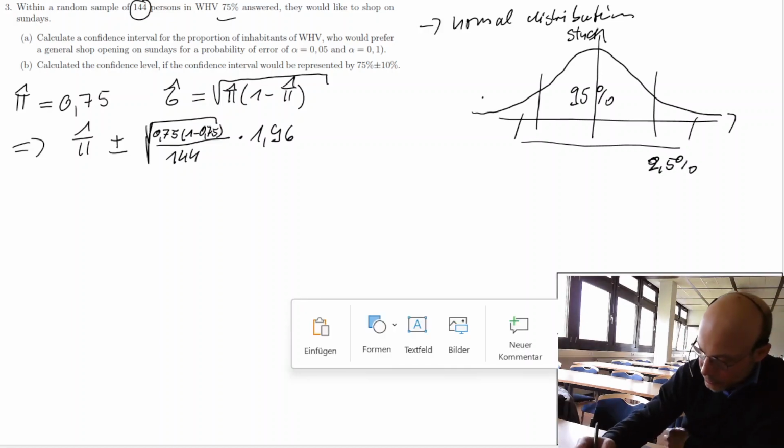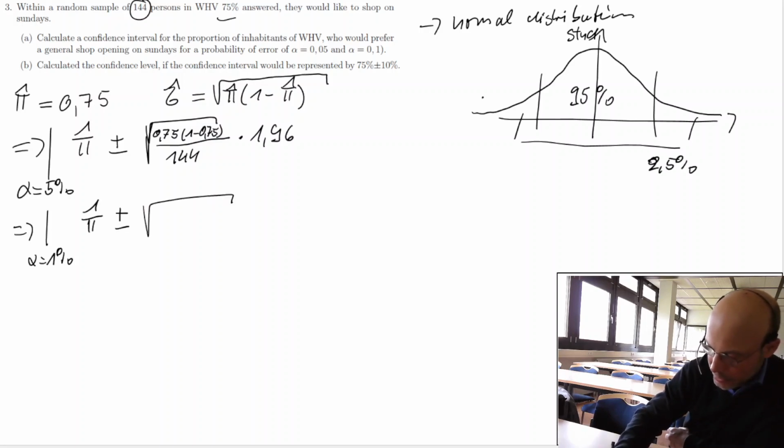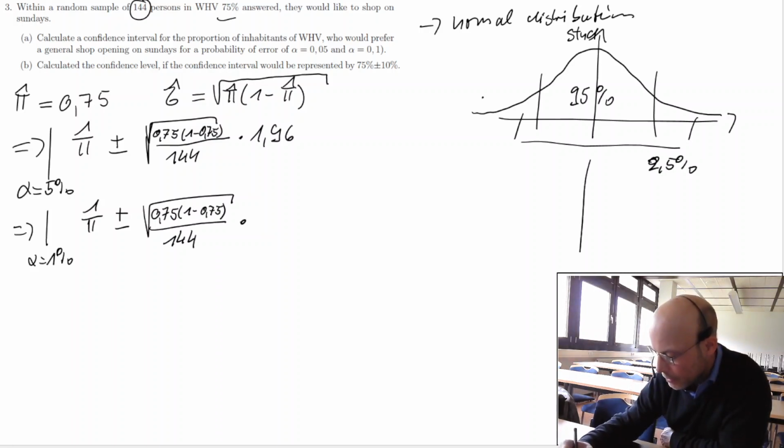This is for a confidence level of alpha is 5%, and for a confidence level of alpha equals 1%, we obtain p hat, again plus minus the square root of 0.75 times 1 minus 0.75 over 144.